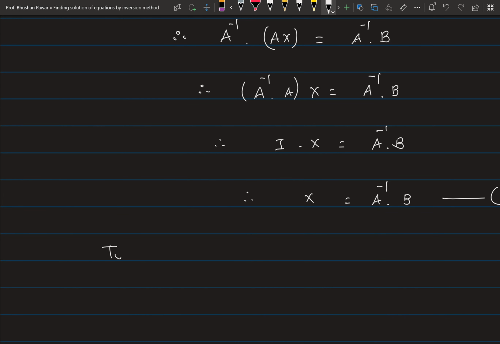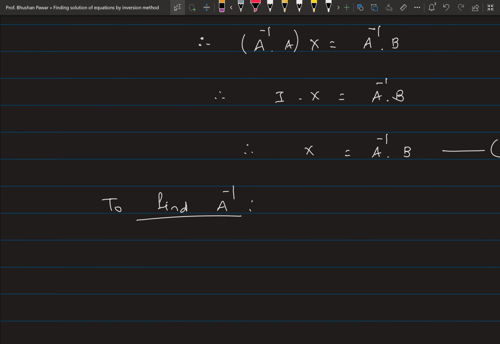Now to find A inverse, we have to find the matrix inverse of the matrix A. For that we have 2 methods possible. We can go for the adjoint method, or we can go for the row transformation or column transformation method.